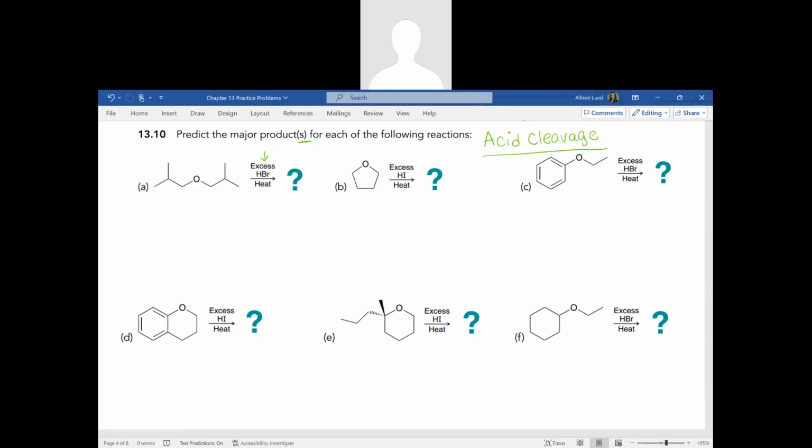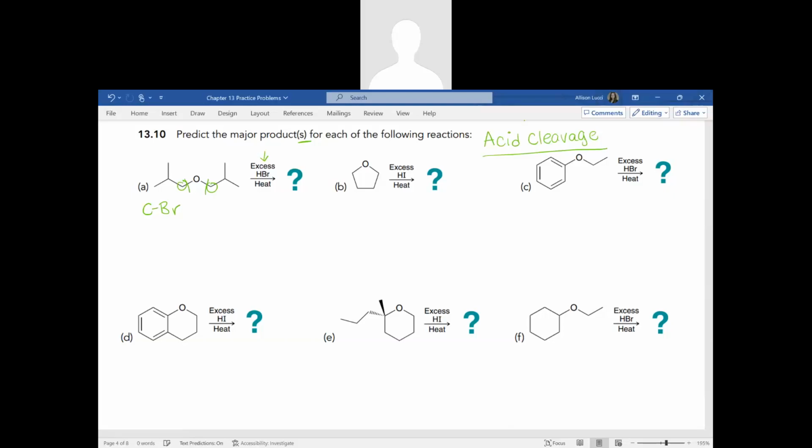So the oxygen atom is connected to each of these carbon atoms here, and they are sp3 hybridized. So when treated with hydrobromic acid, we expect this to cleave each of these C-O bonds and replace them with C-Br bonds.